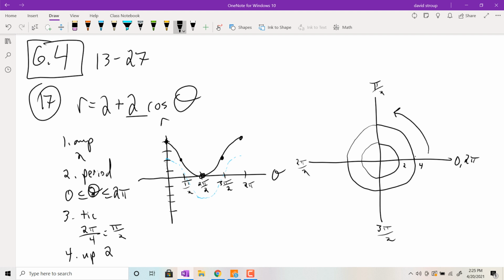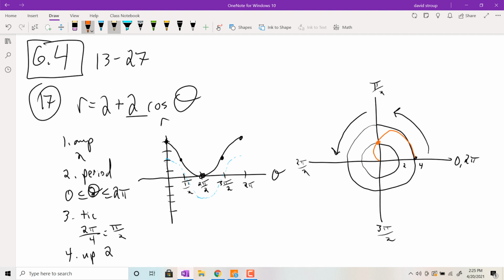Okay. So I start at 4, and then I drop down to 2. So let me put it in a different color. I'll put it in red. So I start at 4, and then it drops down to 2 at pi over 2. And then from pi over 2 to 2 pi over 2, it's going to decrease to 0. So it'll kind of curl to 0.